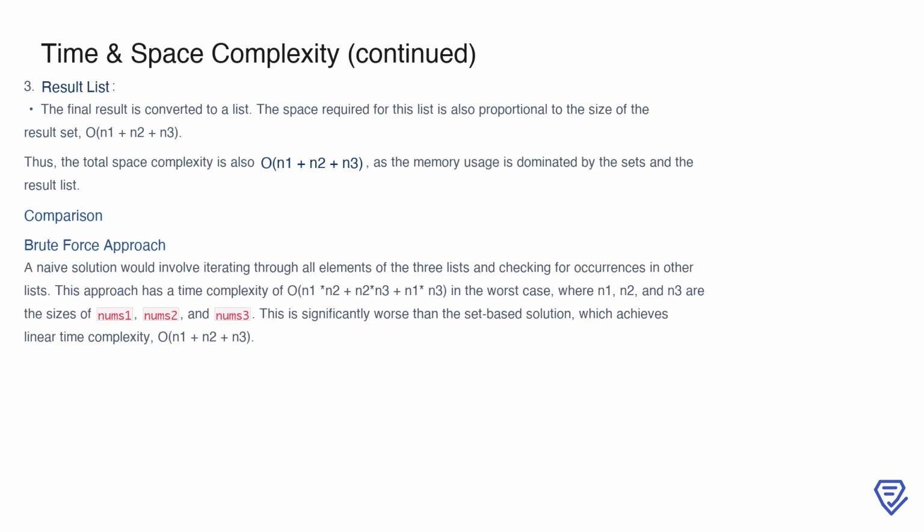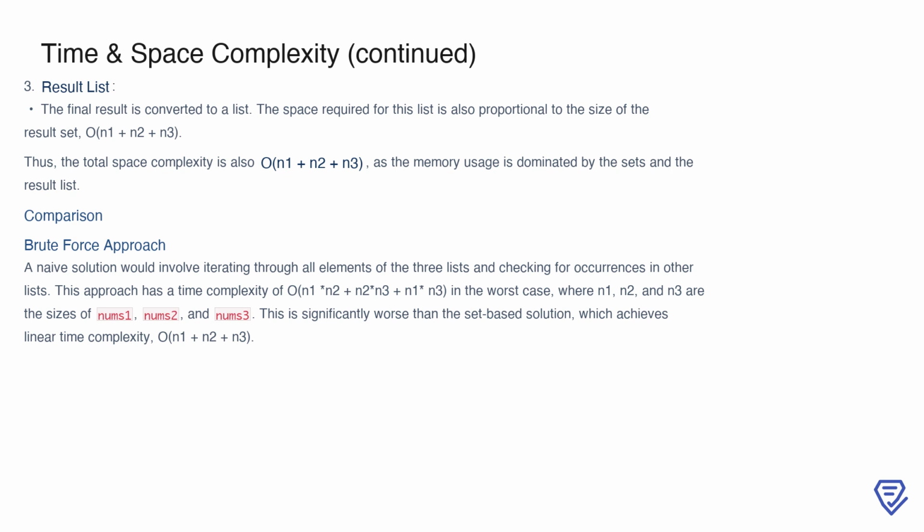The final component of the space complexity is the result list, which is created by converting the result set. The space required for this list depends on the size of the result set and is proportional to O(n1 + n2 + n3) in the worst case. Therefore, the total space complexity of the solution is O(n1 + n2 + n3), as the memory usage is dominated by the sets and the result list.